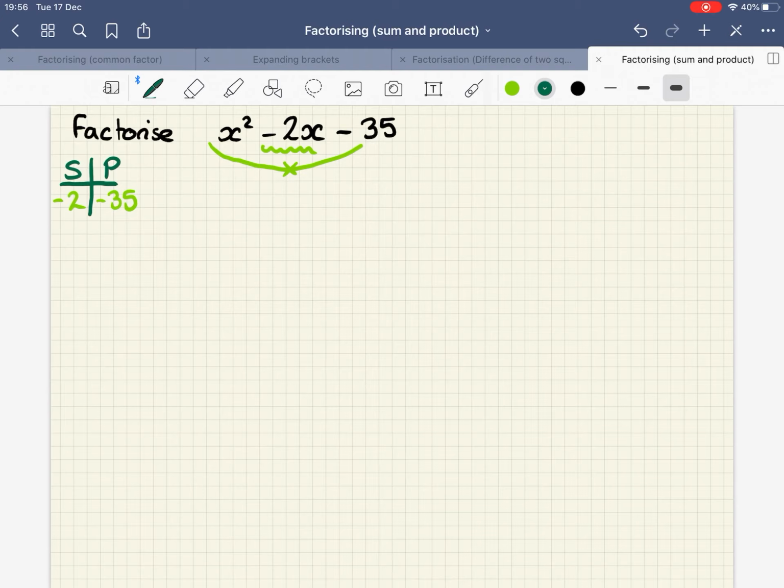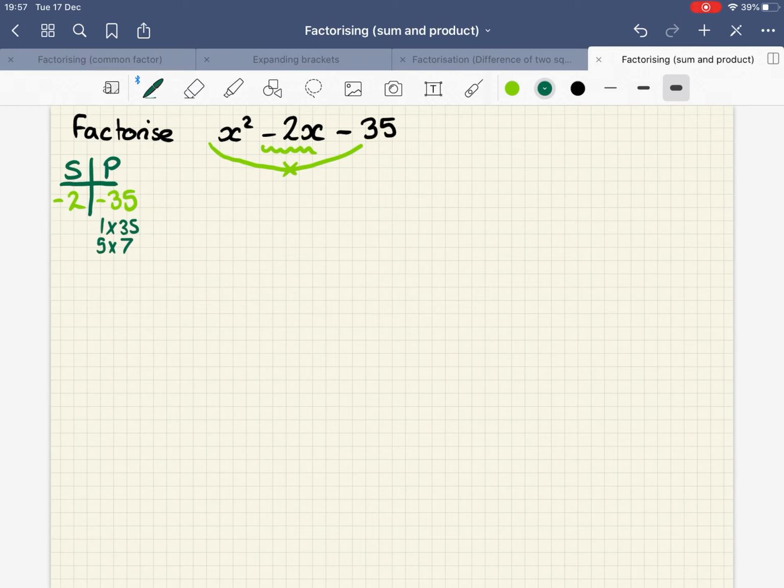Things that multiply to give me that -35, well, I could have 1 times 35. And then my next one will be 5 times 7. And obviously one of these numbers will be negative because I've got a negative there. So then I've got to think which one of these is going to work to give me that -2.